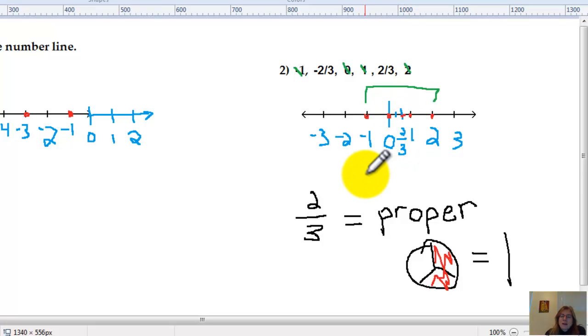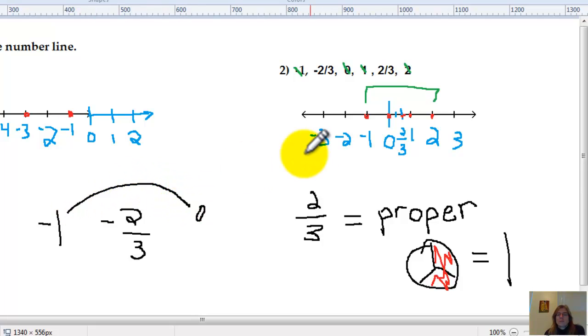So then negative 2/3, it's just the opposite of positive 2/3. So you're going to find it between 0 and -1. You'll find it between those 2 points. Just like it was between 0 and 1, it's going to be now between 0 and -1.